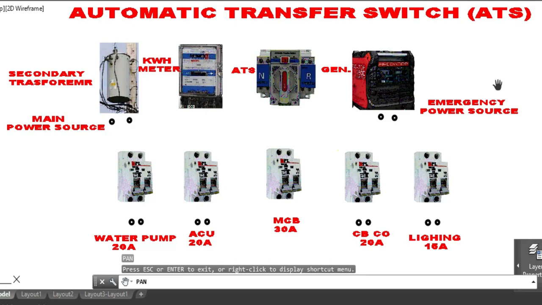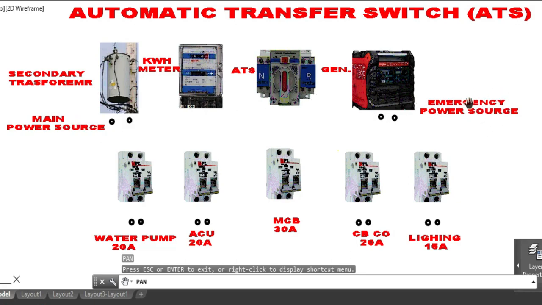Even though the emergency power is still live and connected to the ATS, once the main power source is resumed, this switch will automatically be selected to the main power source, because this ATS's priority selection is the main power source.